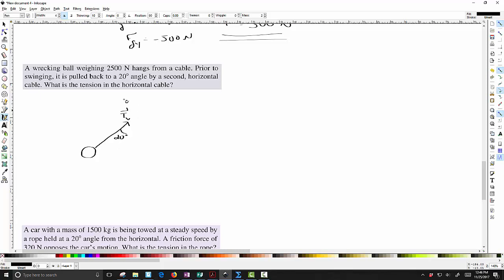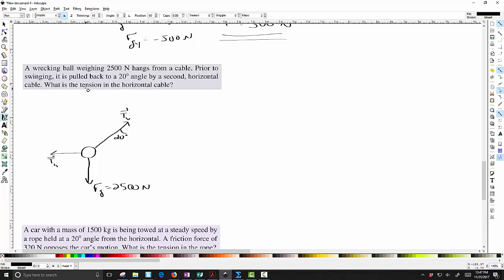Okay, 20 degrees. And then we know that there's a cable pulling it back, and the cable pulling it back is in the horizontal direction. So we'll call this tension horizontal. And then we have some force of gravity pulling down, and the force of gravity is 2,500 newtons. All right.